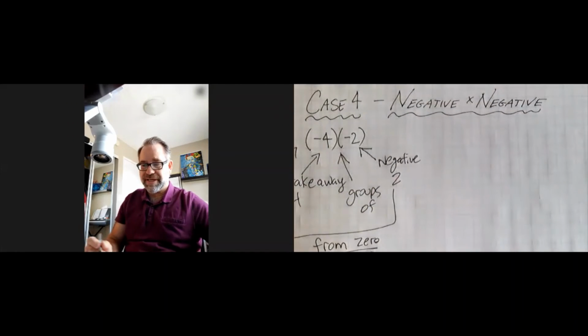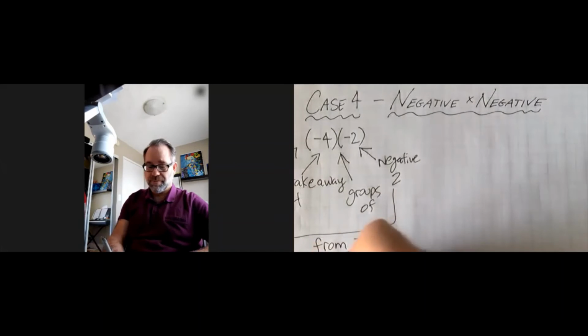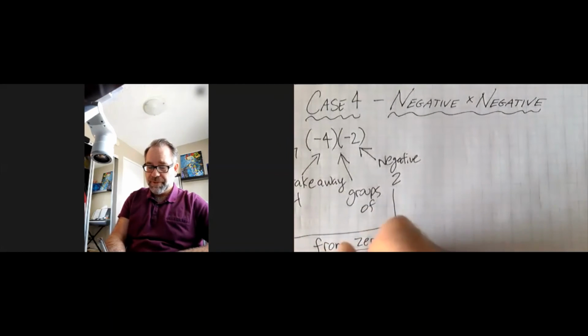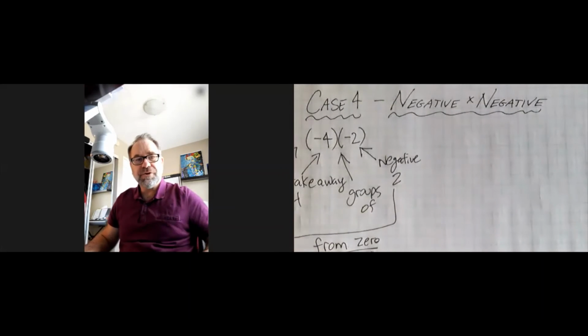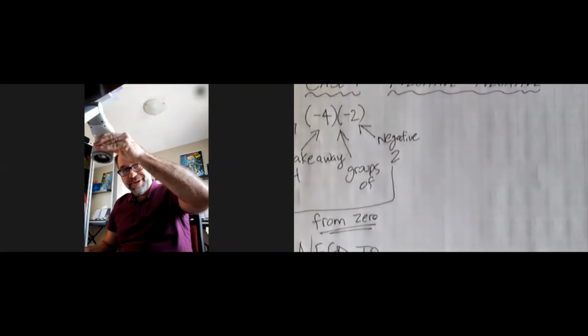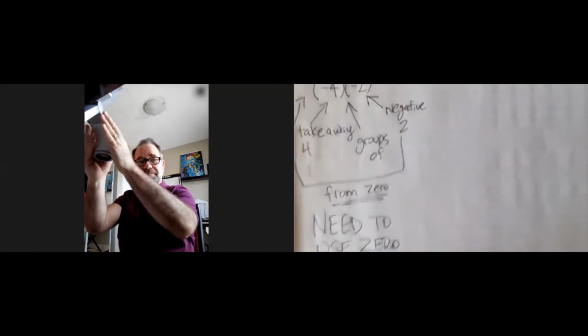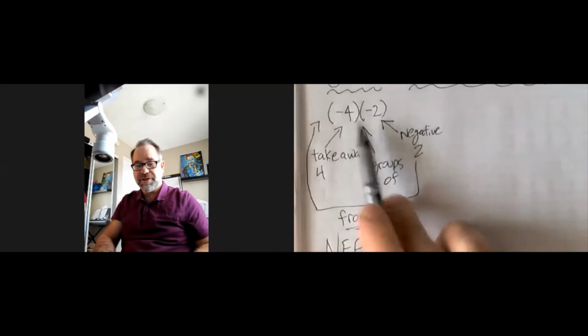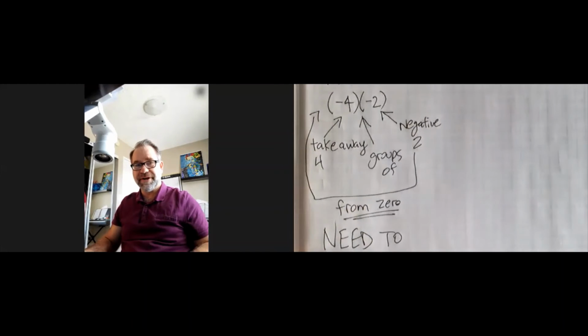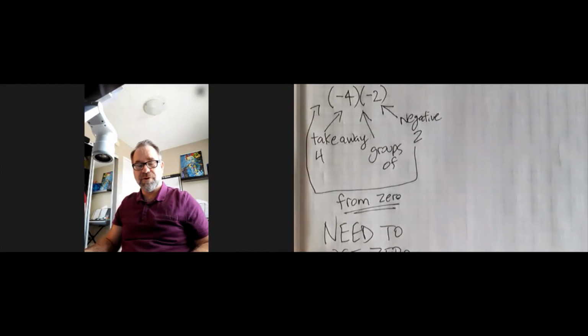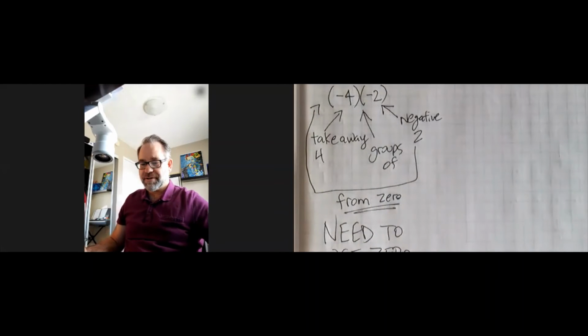So we need to, again, use 0 pairs. Okay, so again, the question is, how many 0 pairs are we going to throw in there? Well, you need to have a picture that shows 4 groups of -2 disappearing. So we know that we're going to have 4 sets of 2 0 pairs.